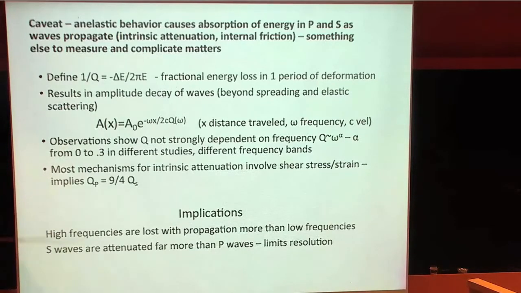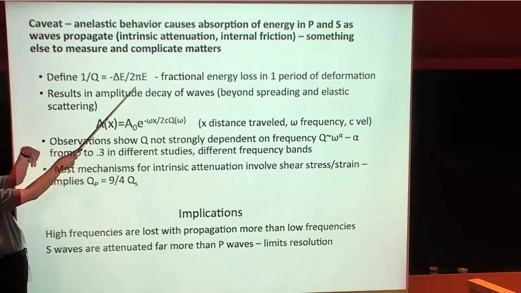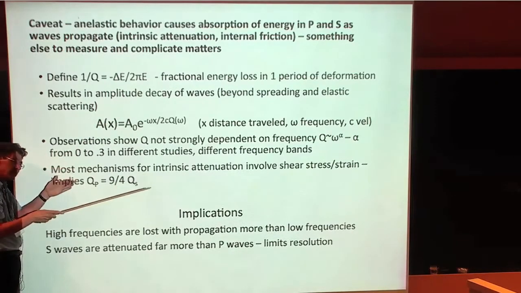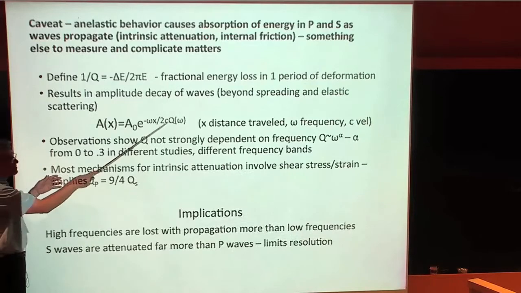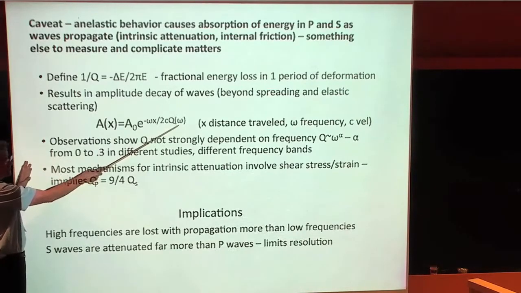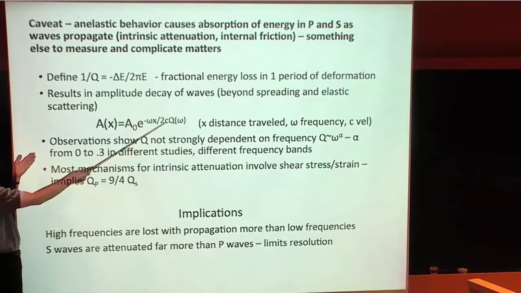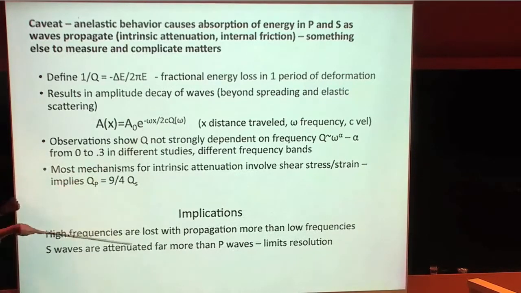With this definition of Q, you have a pulse of energy, one of those plane waves, traveling along. Its amplitude will decay by this exponential factor. So this is related to oscillating deformations. It turns out the Q is pretty much the same for different frequencies in the seismic wave, so let's assume Q constant for the time being, doesn't depend on frequency. C here is the velocity of the wave, alpha for P wave, beta for S wave.